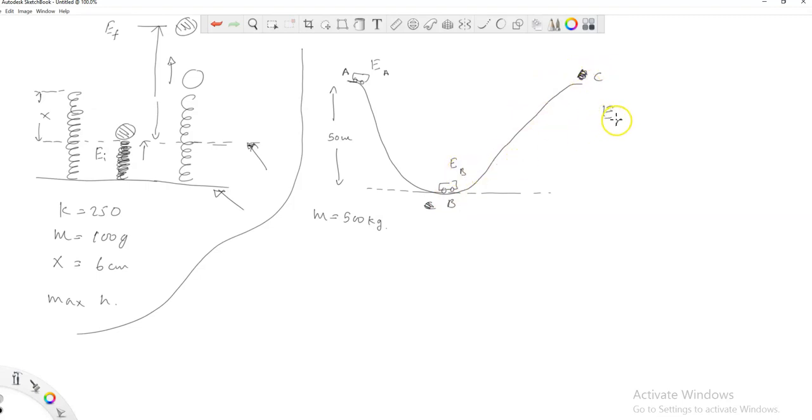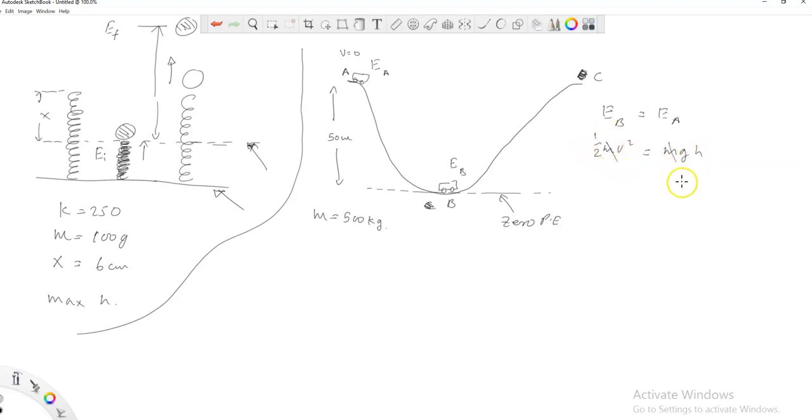So EB, total energy, equals EA. Because we take this as zero potential energy, all it has is kinetic energy. So that is half mv squared equals, up here it's starting from rest, so v is 0 here, therefore all it has is potential energy, which is mgh.